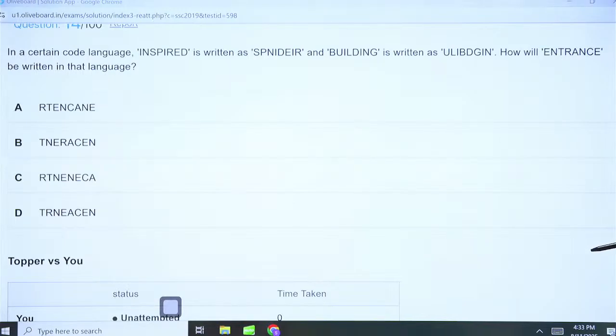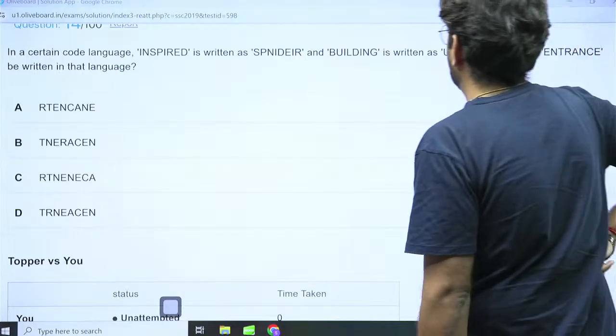INSP, SPNI, so ILUB. What exactly are they doing here? It's not the same order, right? 3, 4, and here it is 3, 4 is IL. What else can be done? Any other?